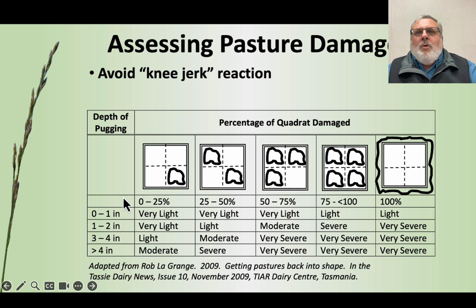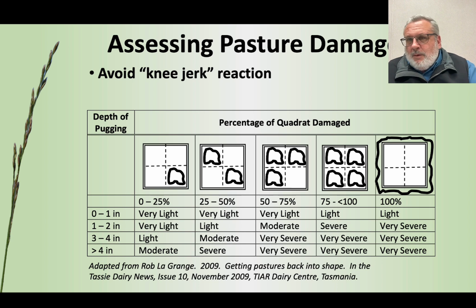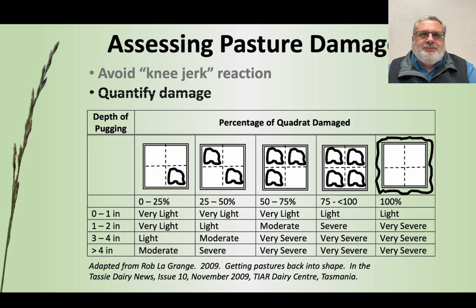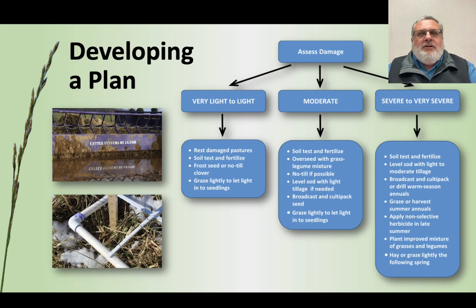And then when we do that, we can put this damage into one of these three categories of light, moderate, or severe damage. Then we can use that information to make management decisions.